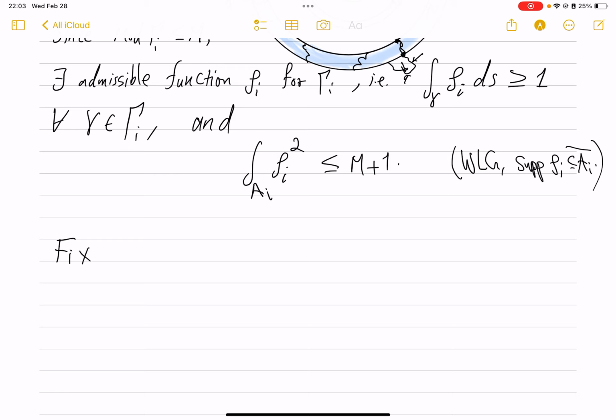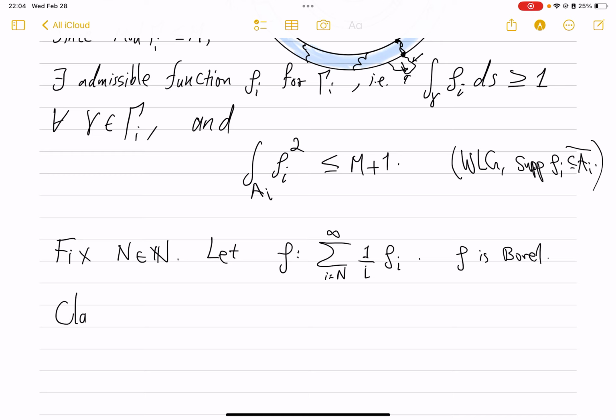For reasons that will be clear very soon, let's pick some natural number n and let rho be the summation of 1 over I, going from n all the way to infinity, of rho I. So this rho is Borel, because each rho I is Borel.